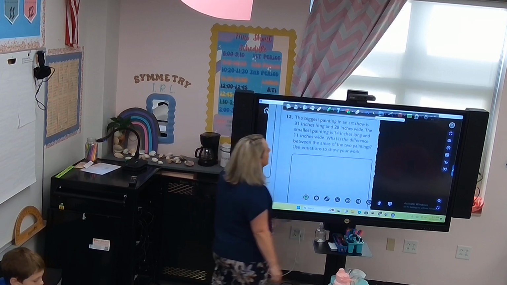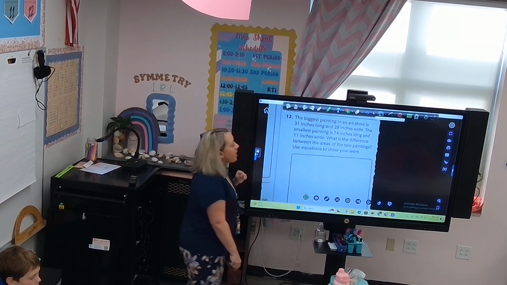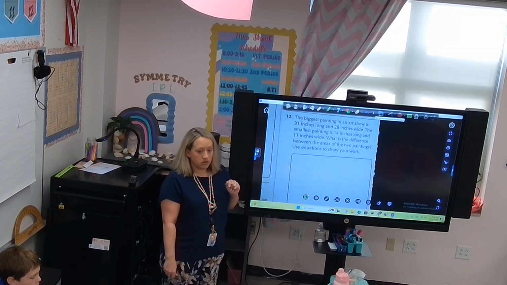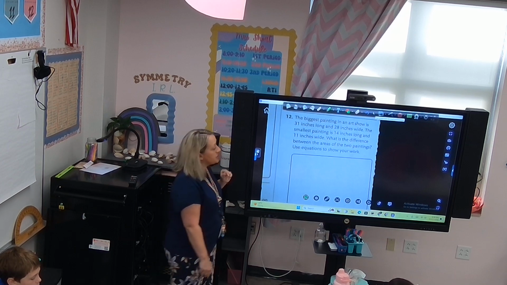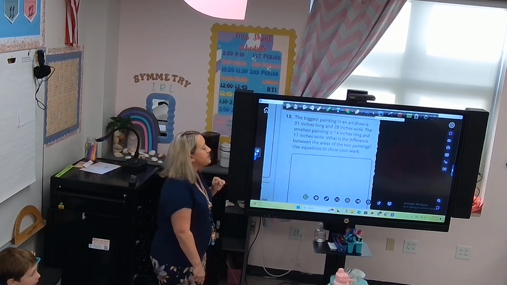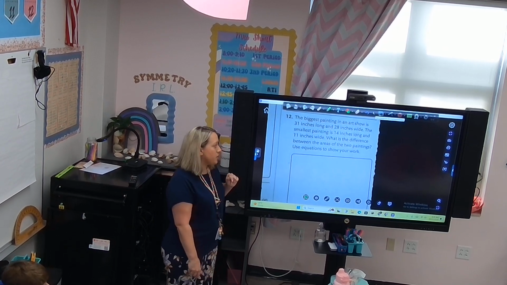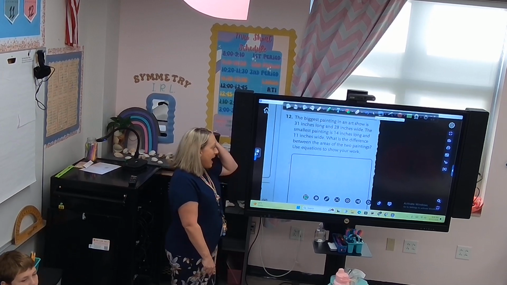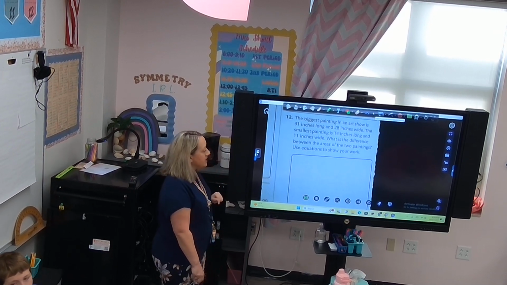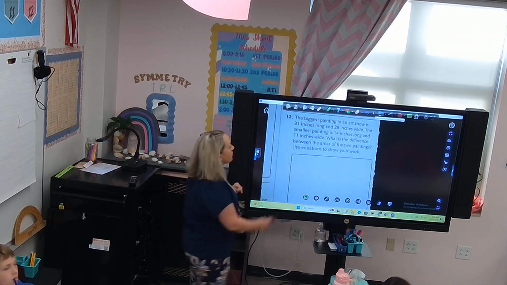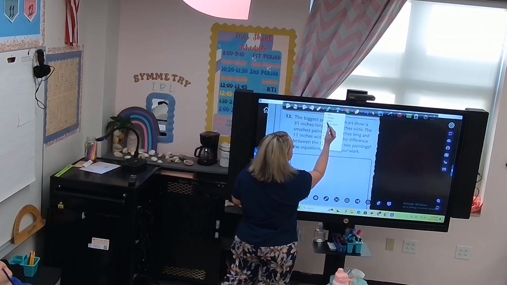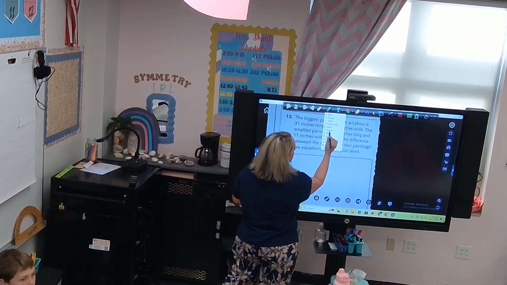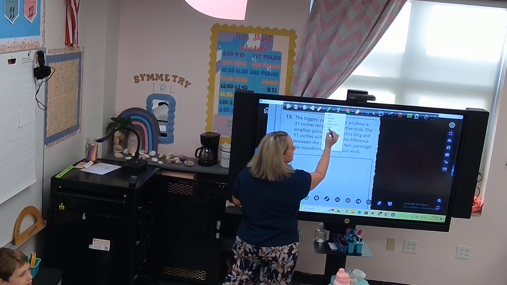The biggest painting in an art show is 31 inches long and 28 inches wide. The smallest painting is 14 inches long and 11 inches wide. What is the difference between the areas of the two paintings? Use equations to show your work. So the first thing we're going to do is to do what? Times 28. Nope. Subtract. Nope.